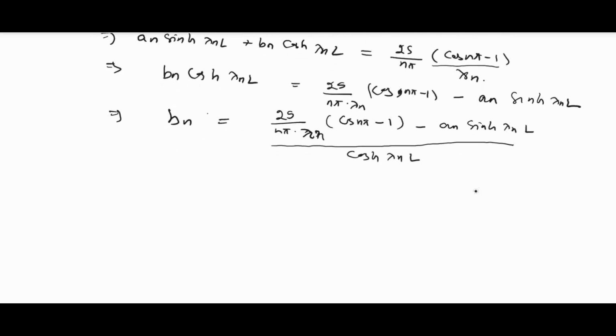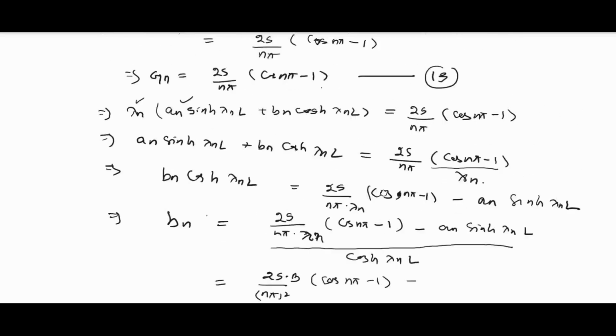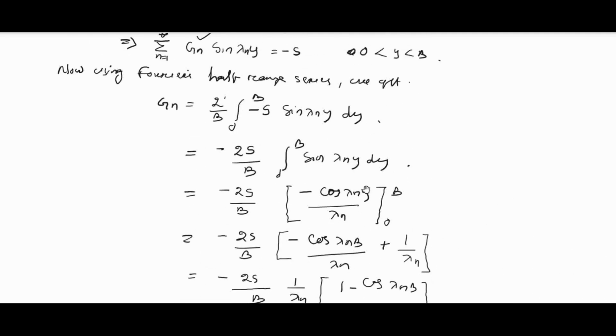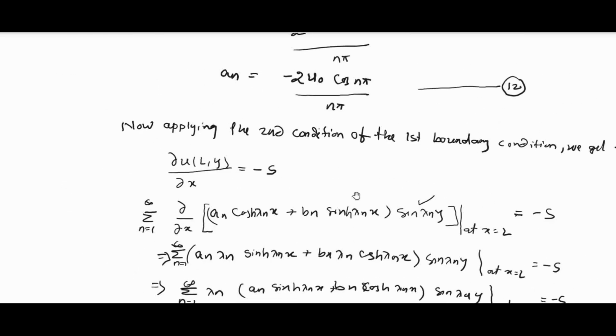Lambda n is equal to n pi by b, so n pi square, at the top it will come b, into cos n pi minus 1. Minus an, the value we got, an is equal to minus 2u0 cos n pi by n pi.